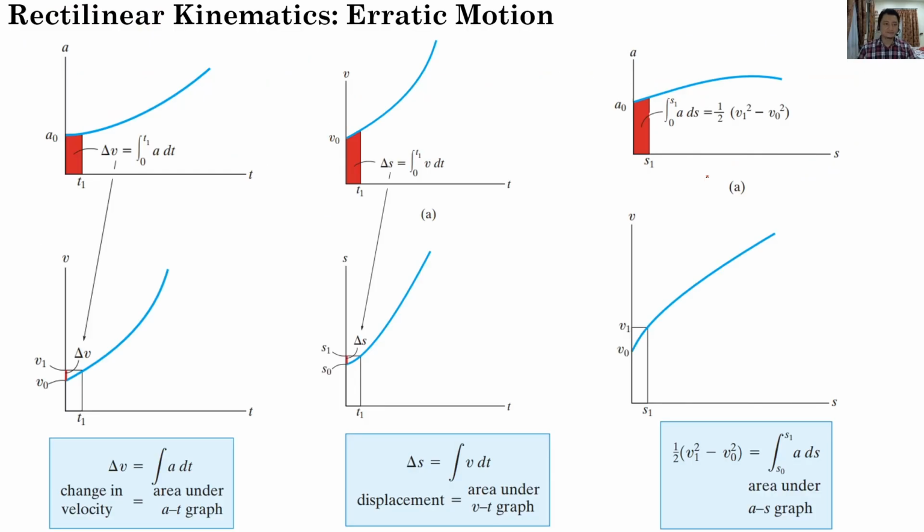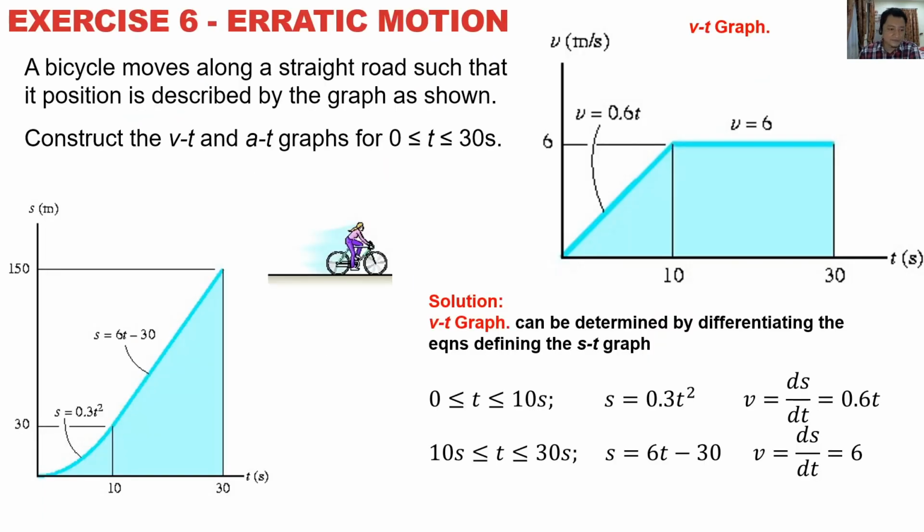Okay, next. So next is slightly different. It's something called erratic motion. Erratic motion is something that you see, for example, something like this. For example, this bike: initially at 0 until 10 seconds, the displacement is depicted like this.